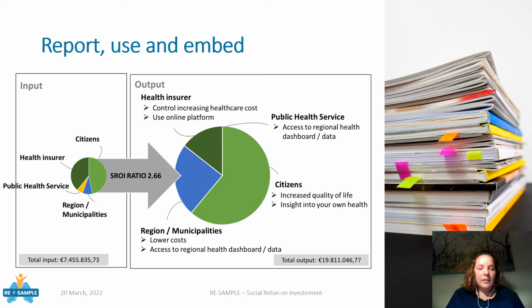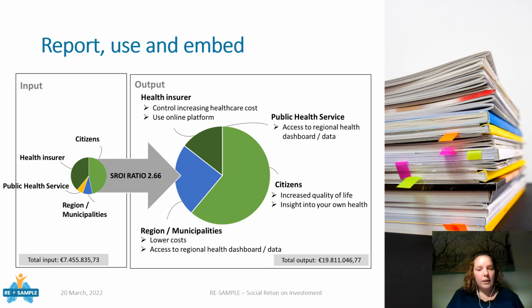And at the end, the final step of the SROI method is to report, use, embed. And within this step, you have to decide with the group of stakeholders how you want to report the SROI. The figure you can see on the sheet is the way we do it at RRD.